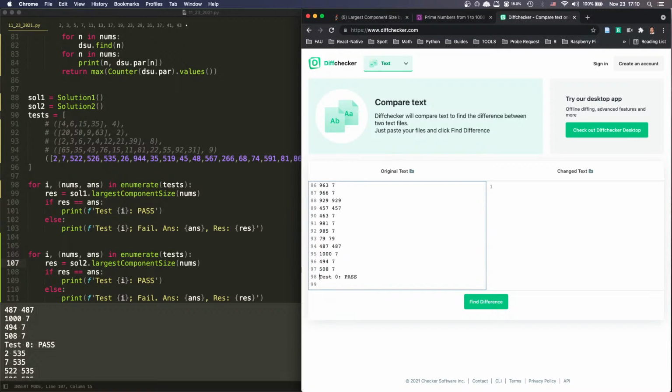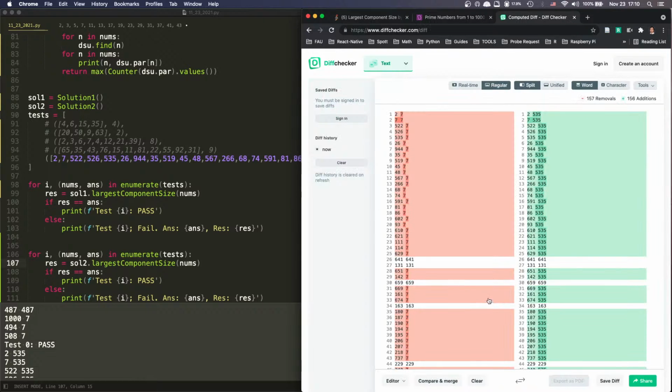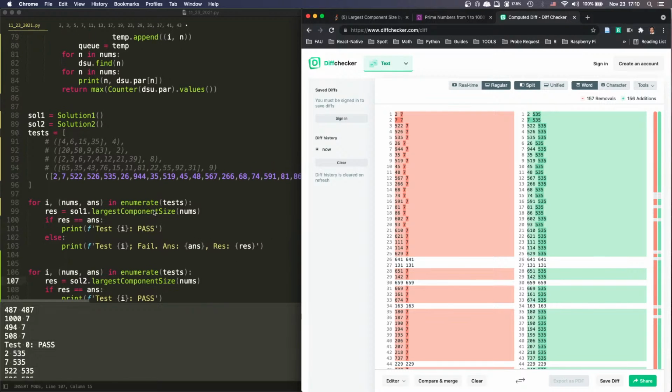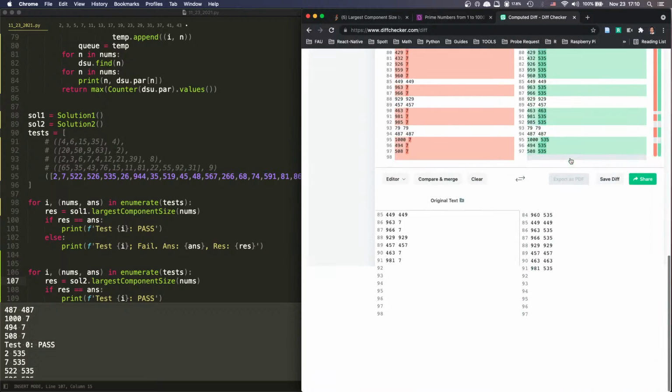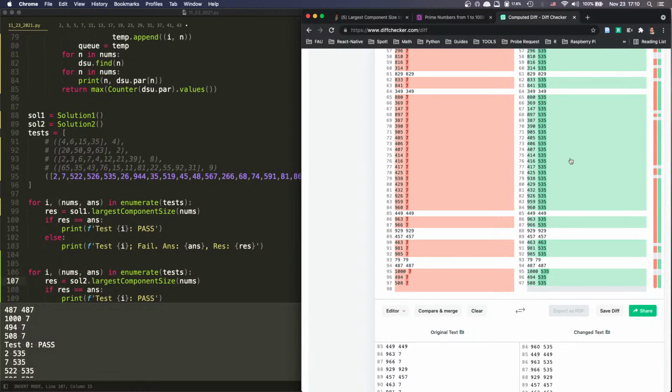All right. And I just realized that everybody's different. 2 is grouped with 7, and they are grouped with 535. And which one does not get grouped?